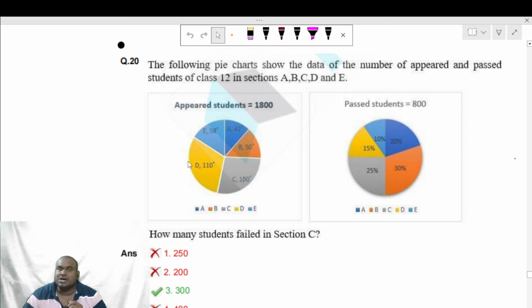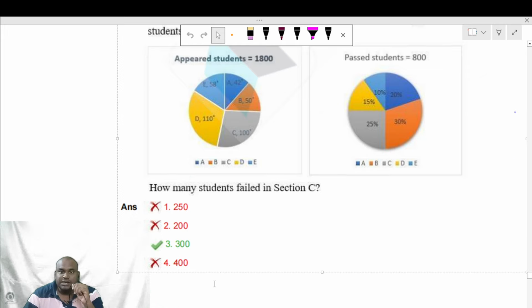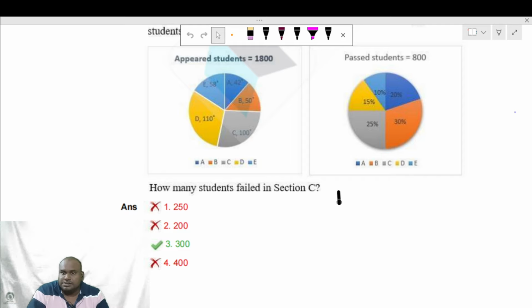First, how many students appeared, how many passed, then you will find how many failed. So using the data, you are supposed to find out. For 100 degrees, how many students can be there? Your total number of students is 1800.